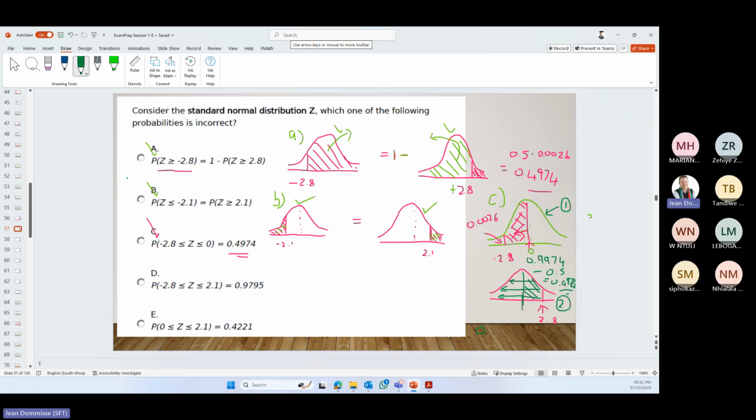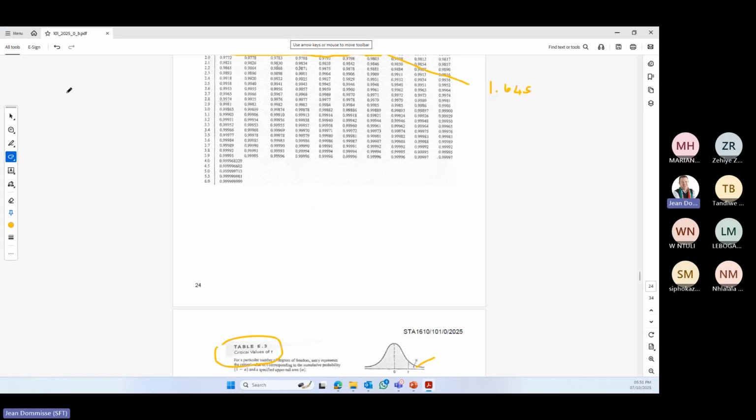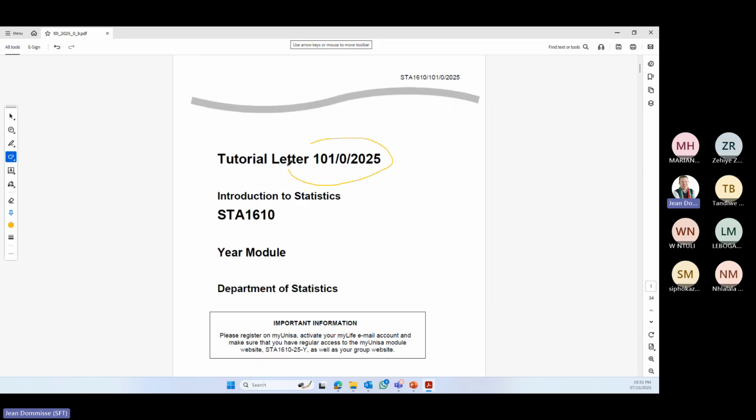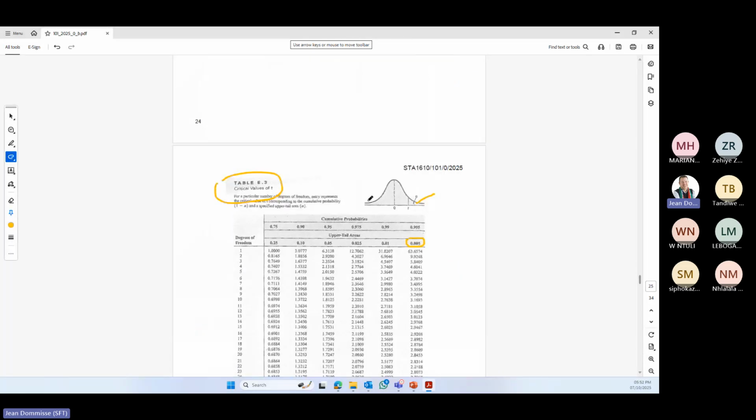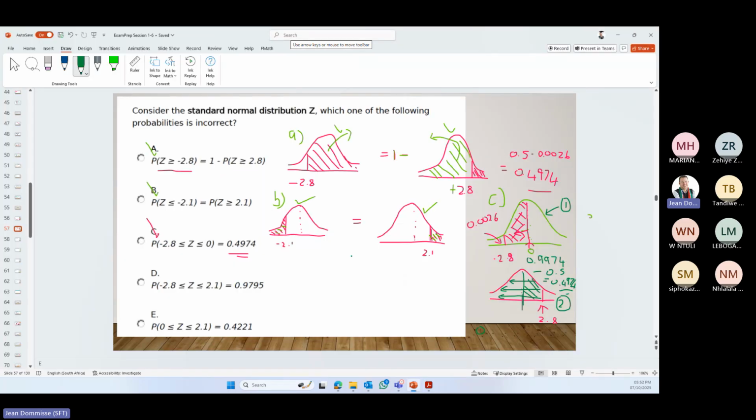I will share this study guide, the 101, with you guys on the WhatsApp group, because it's easier to have all of these tables in one than to page through the study guide to find the different tables.